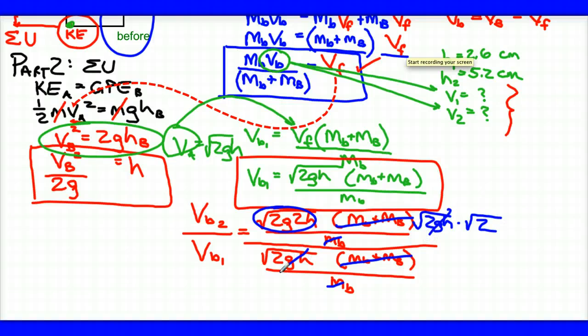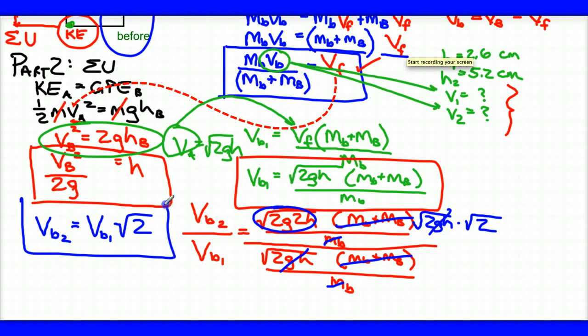And the only thing that I'm left with is the root 2 in the numerator. In other words, the velocity of the bullet in case 2, when it went twice as high, had to be the square root of 2 times faster. Or I could say it this way, the velocity of the bullet in case 2 is equal to the velocity of the bullet in case 1 times the square root of 2. It's 1.4 times faster than it was in the first test in order to get it to go twice as high.